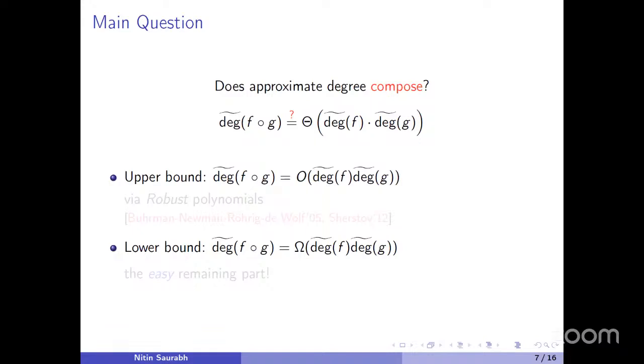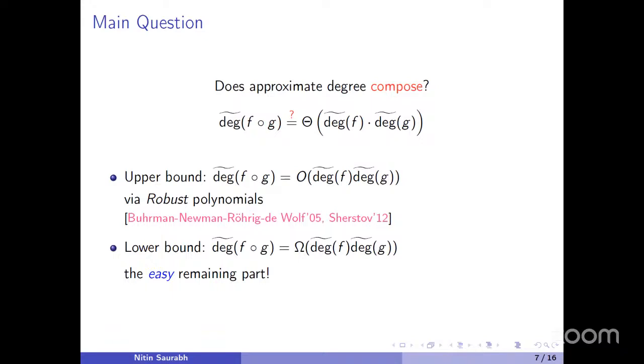So it's not so clear. So this was established by the usage of robust polynomials in a seminal work of Sherstov, following up on Buhrman, Newman, Rohrig and de Wolf, right? And so what now remains is the easy part, which is to prove that the lower bound holds, right?